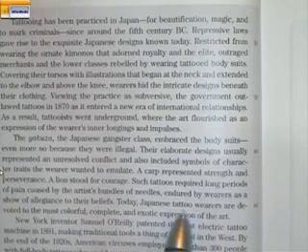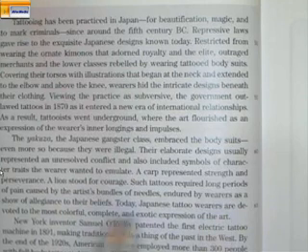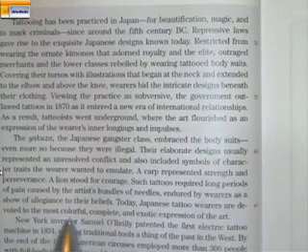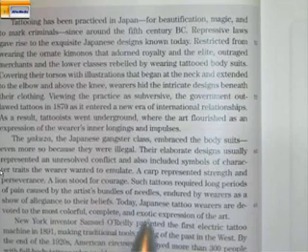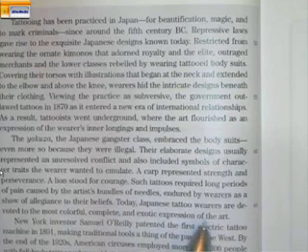Today, Japanese tattoo wearers are devoted to the most colorful, complete, and exotic expression of the art.